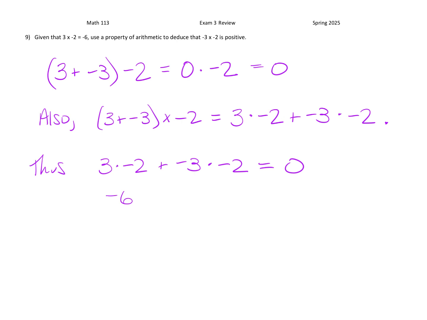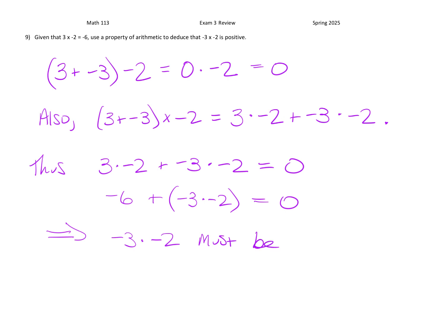So -6 plus whatever -3 times -2 is has to be 0, which means -3 times -2 must be +6, right? The only thing you can add to -6 to make a 0 is +6. So this has to be +6.